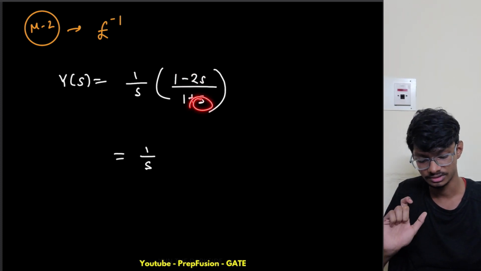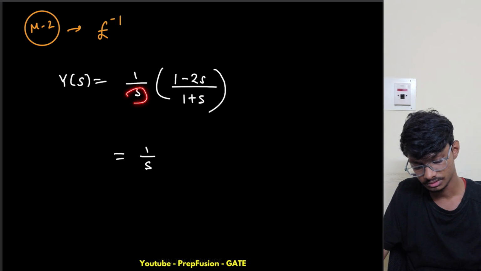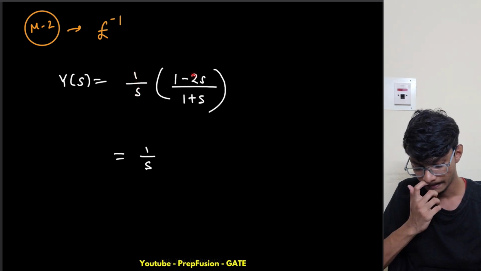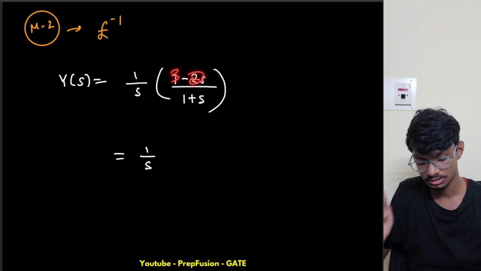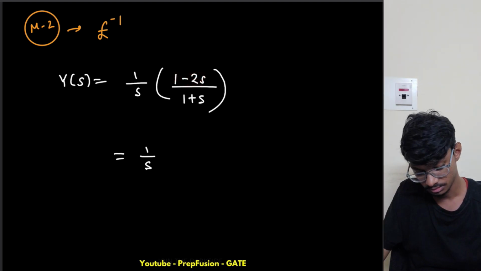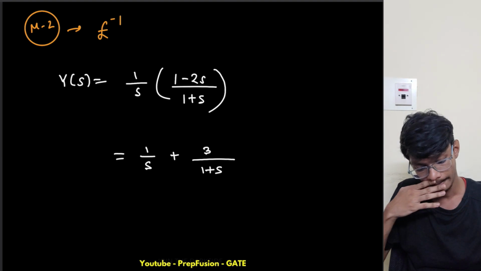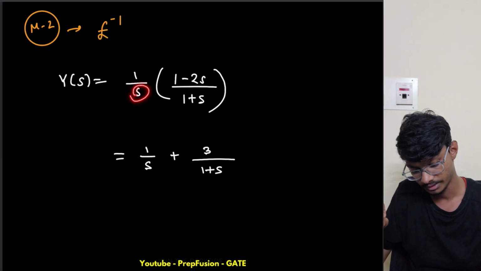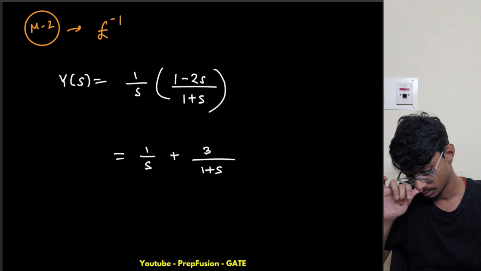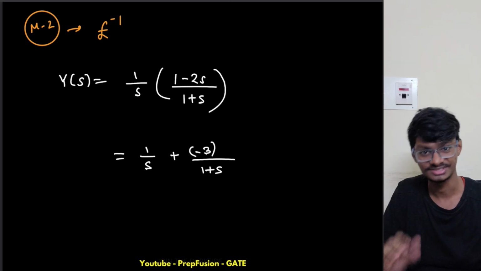Now put s equals to minus 1. So this is minus 1, and this is minus 2 times minus 1, which is plus 2, 2 plus 1 is 3, so this is plus 3 by 1 plus s, right? Oh sorry, here we have minus 1 also. So this is minus, that's why you shouldn't hurry.